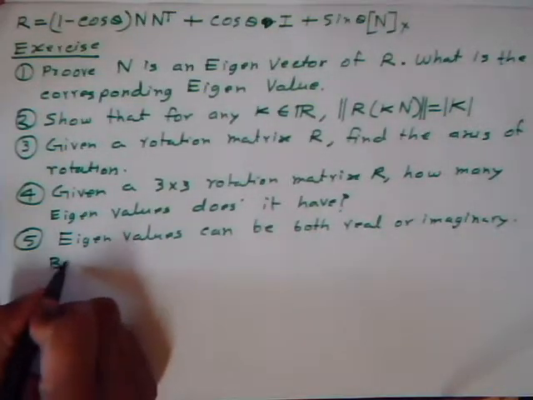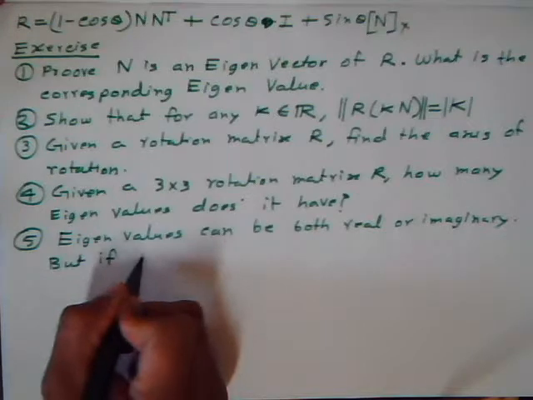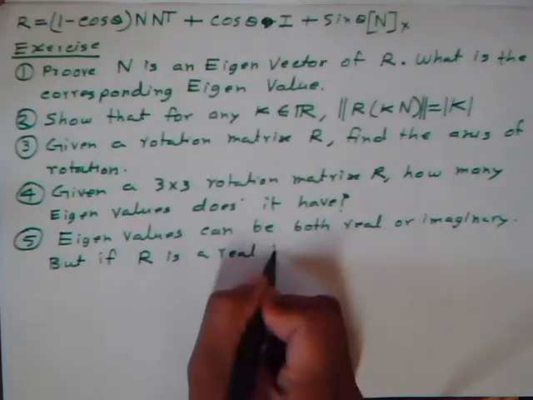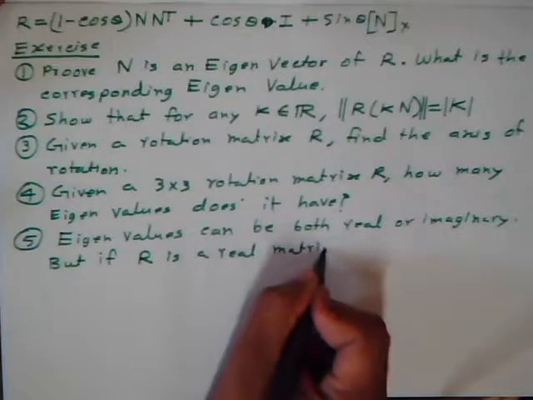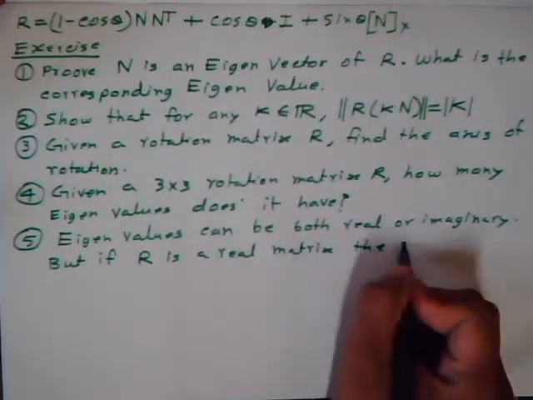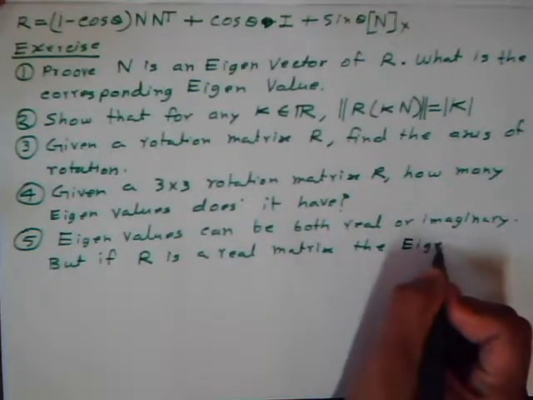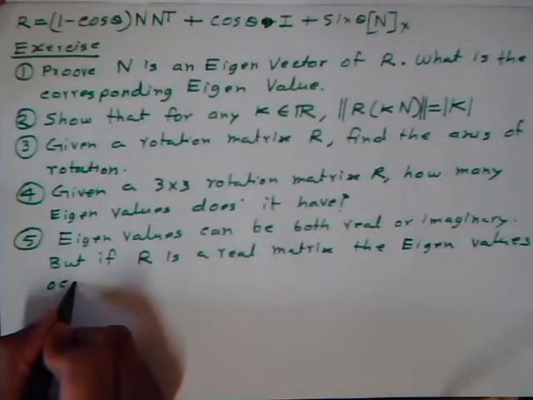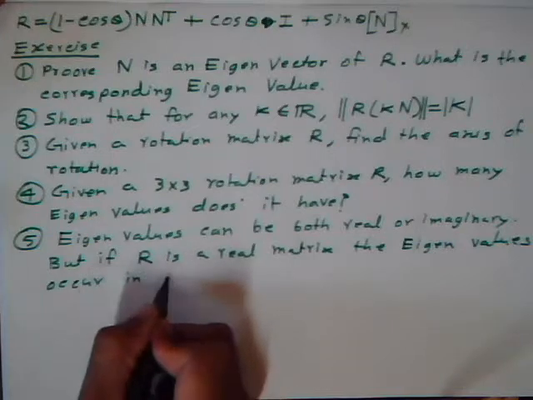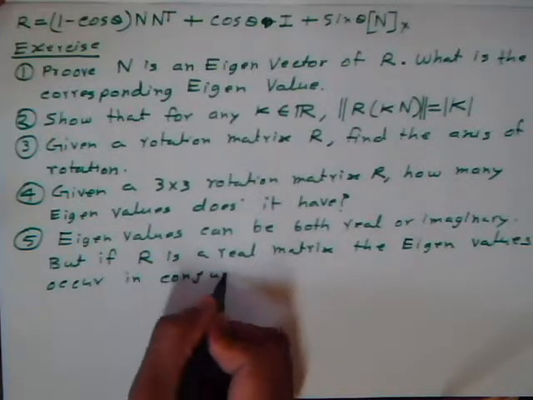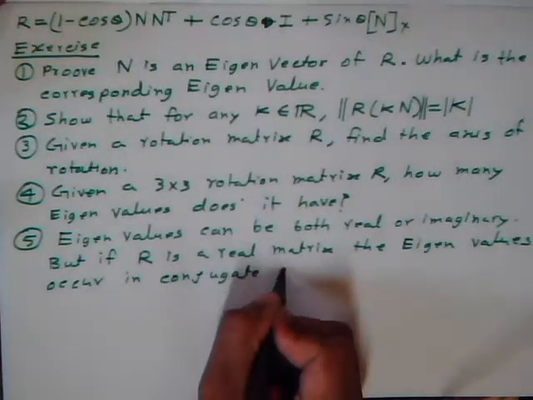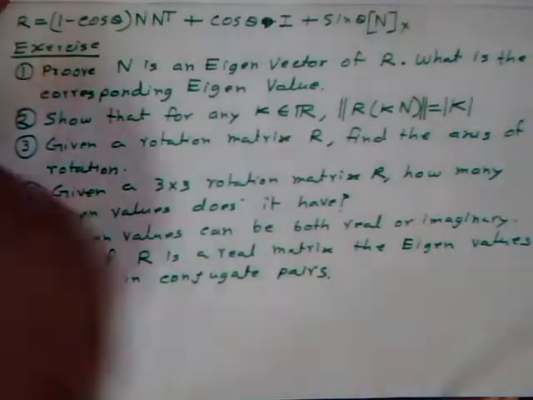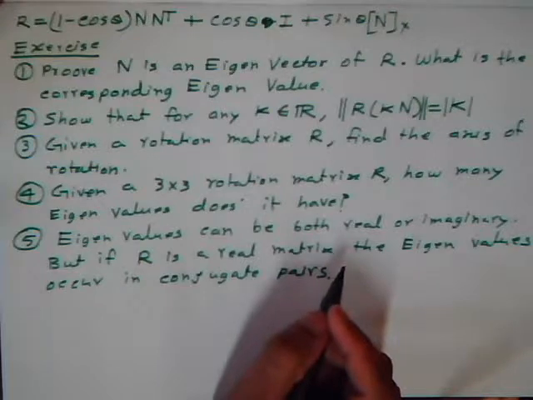But if R is a real matrix, then eigenvalues occur in conjugate pairs. I hope you know this.